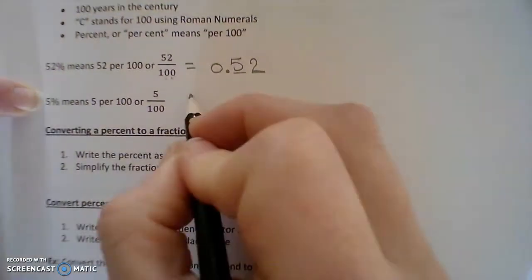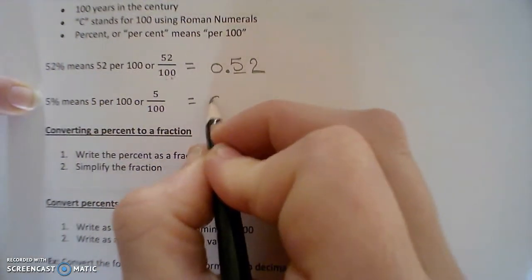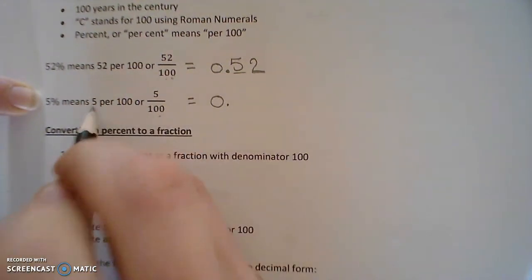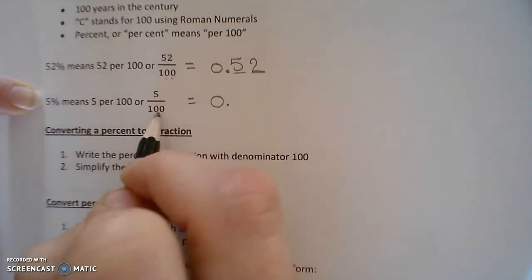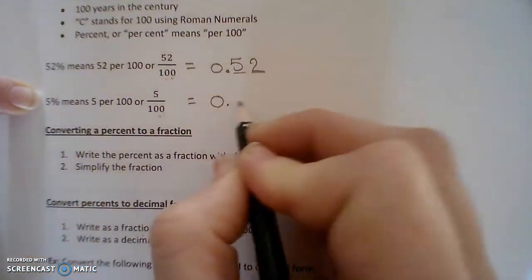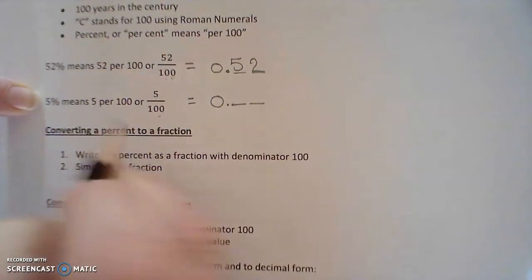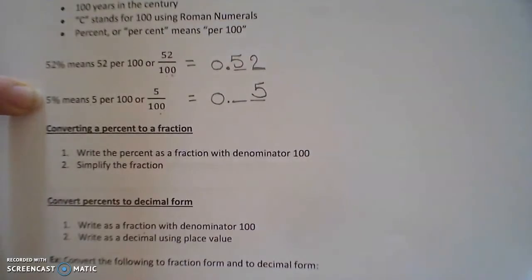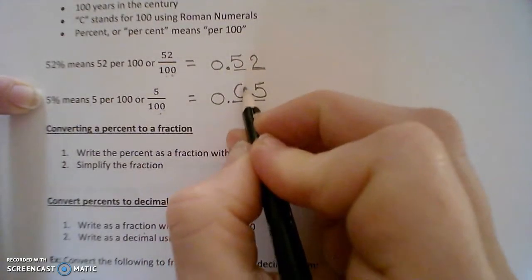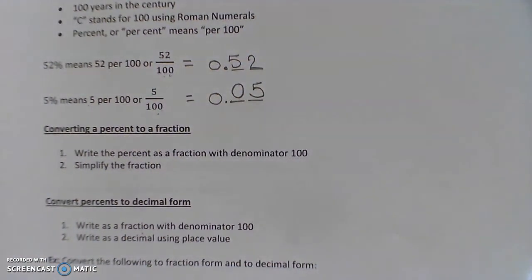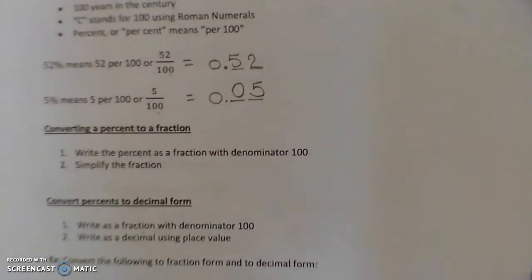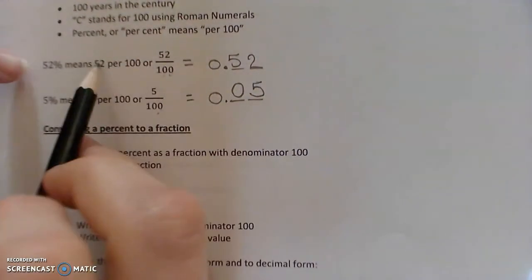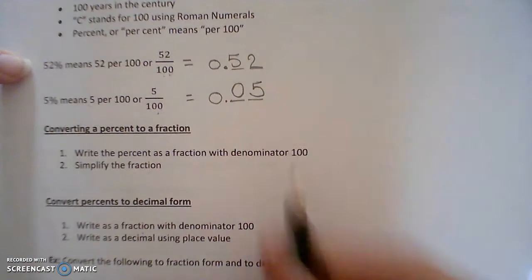And 5%, writing that as a decimal, again I would write the number 5 ending in the hundredths place. 2 zeros means 2 places after the decimal. So I would put that value 5 ending in the hundredths place. Notice I need a placeholder here, so I should write a 0 there to say that I've got 0 tenths and 5 hundredths.